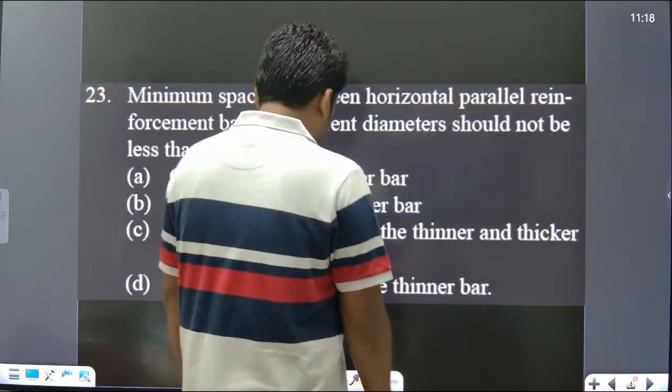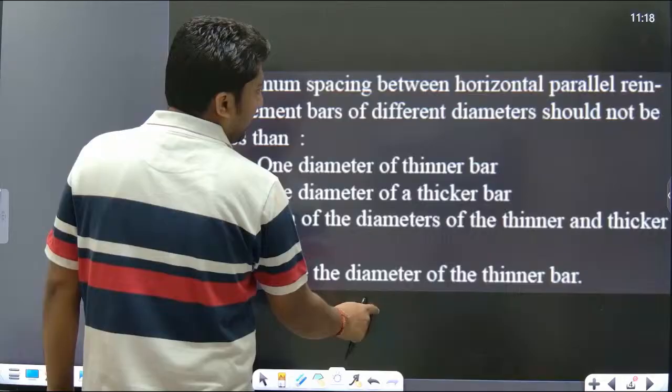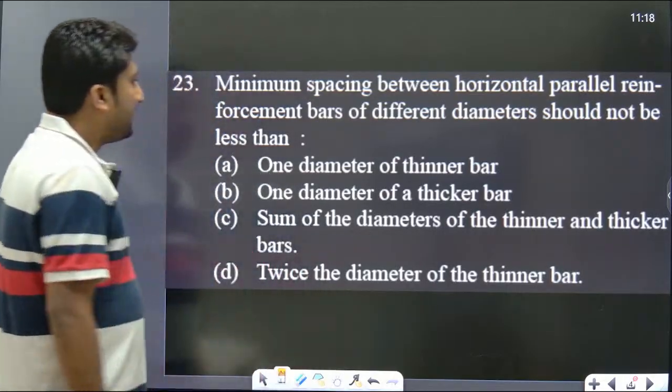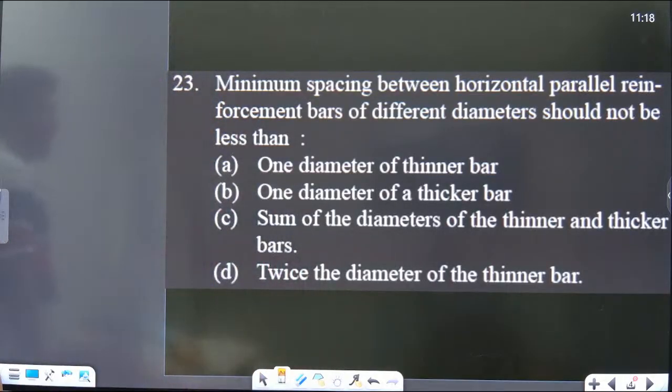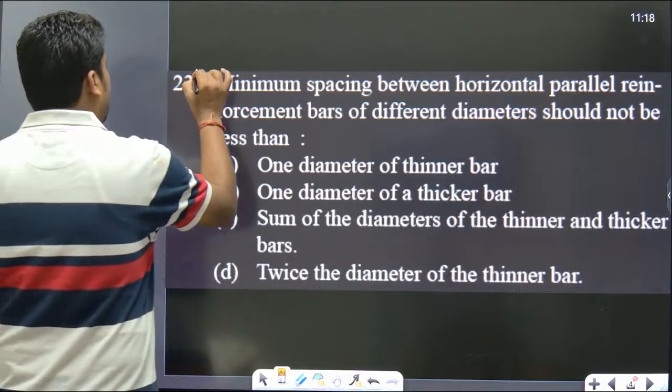Now answer this question. Minimum spacing between horizontal parallel bars. This is a very good question.